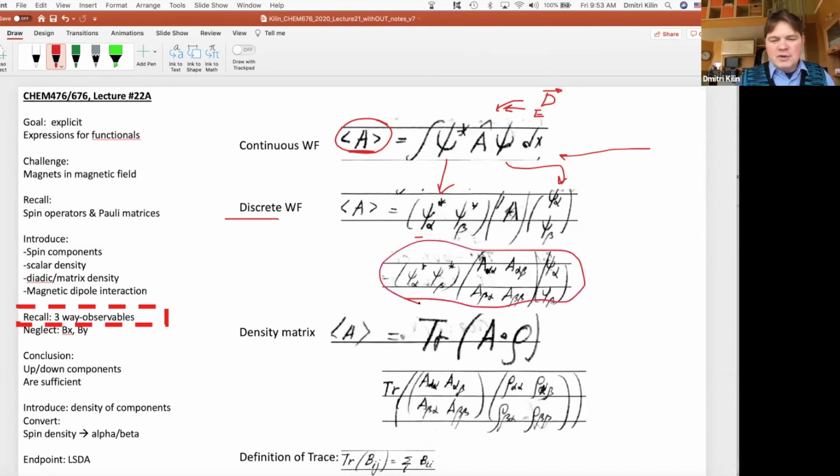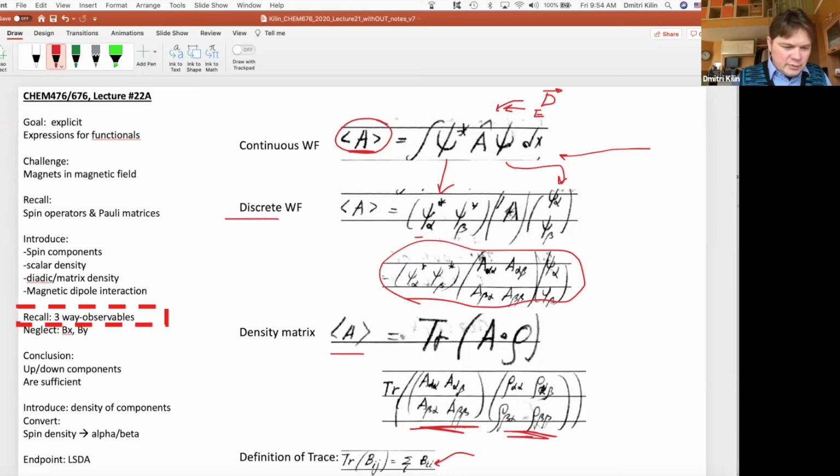And if instead of wave functions we play with densities, then the expectation value is formulated as the so-called trace operation, which means take the operator of the observable and the density of the quantum state, multiply them by each other and take the diagonal elements. The trace means summation of diagonal elements.